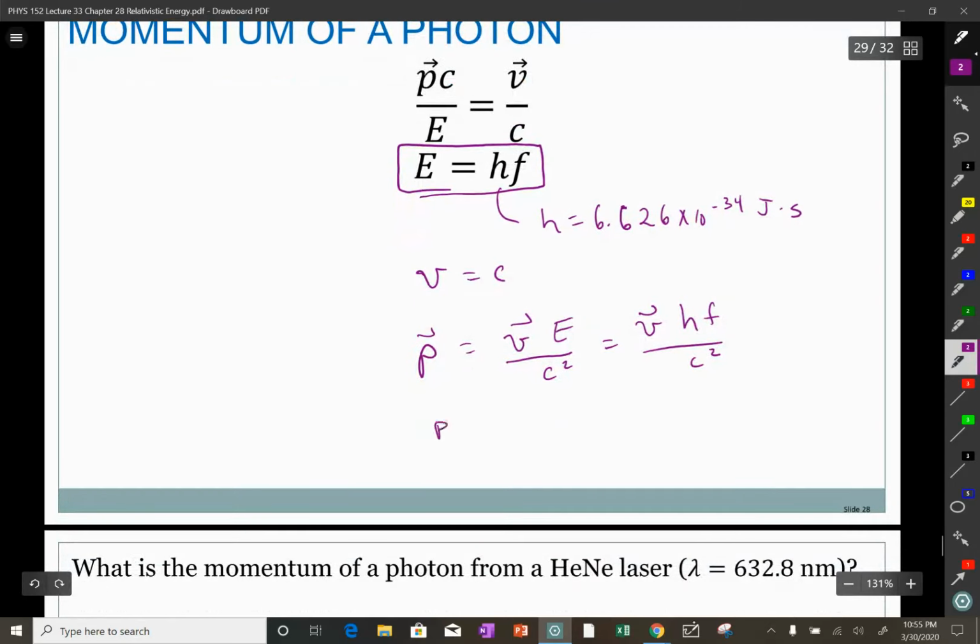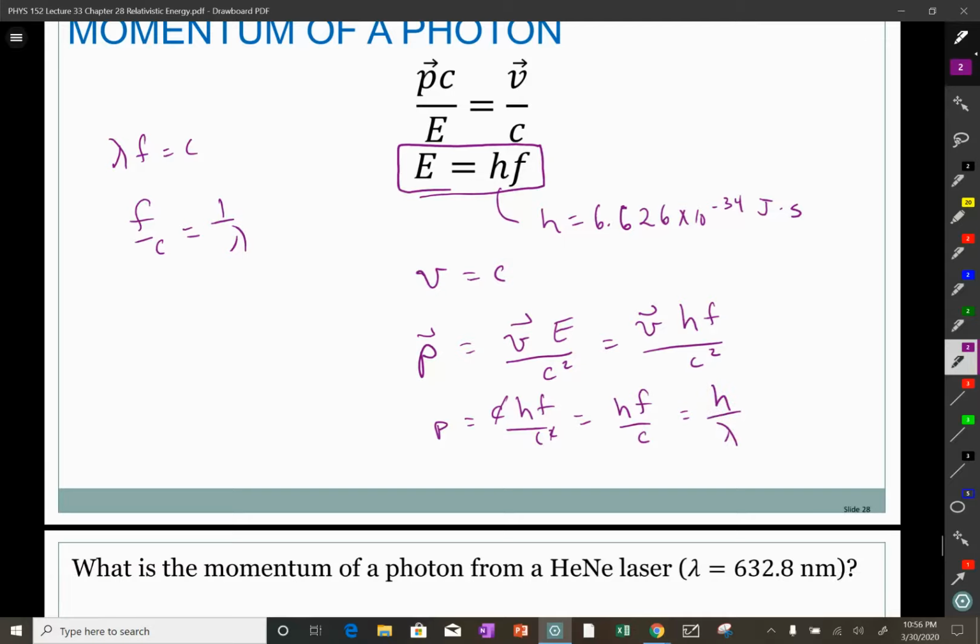The magnitude of the speed is c, so momentum is hf over c squared. Cancel one of those c's: h times the frequency over the speed, or since wavelength times frequency is equal to speed, frequency over speed is equal to 1 over wavelength. So Planck's constant divided by the wavelength is the momentum of light. So light carries momentum.